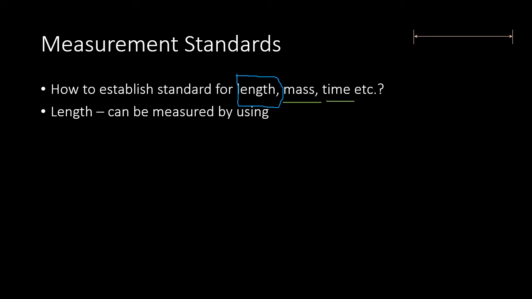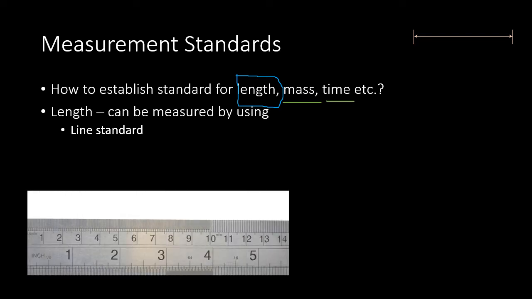Length can be measured by using a line standard, and an example of a line standard is a steel scale or a ruler or any measuring instrument that has lines inscribed on its surface. So you can see that these are the lines. There are lines inscribed on the surface of this ruler, and we measure the length as the distance between the lines inscribed on the surface of the measuring instrument.